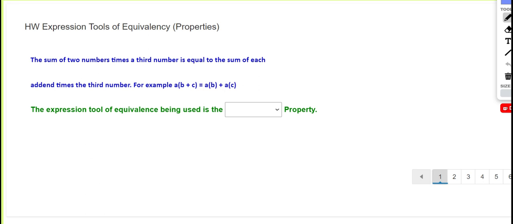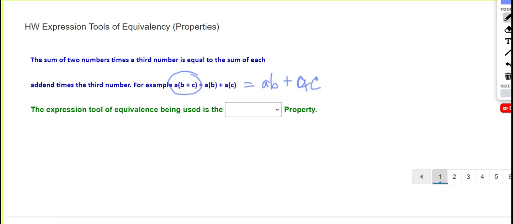This is the help video for the homework on the expression tools of equivalency, otherwise known as the properties of expressions. The sum of two numbers times a third number is equal to the sum of each of the add-ins times the third number. That means you're multiplying through parentheses, so this is going to be equal to AB plus AC.